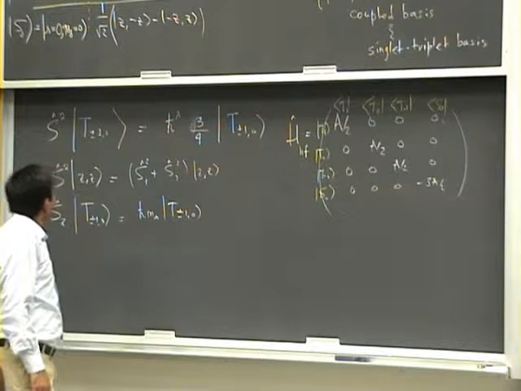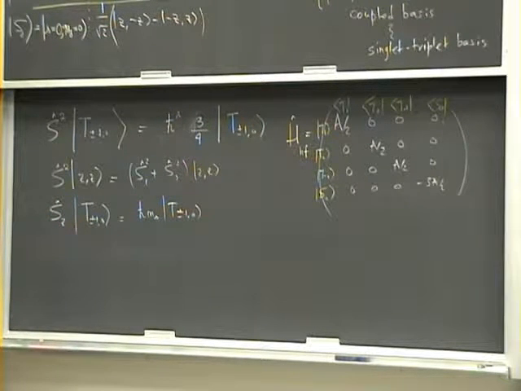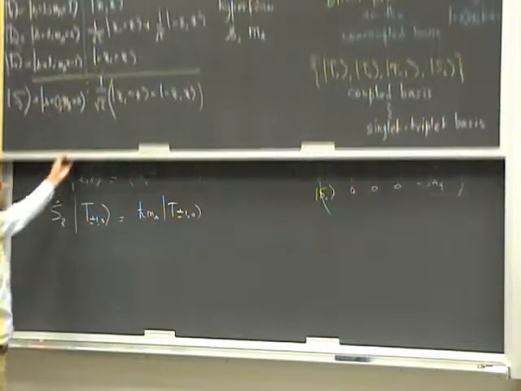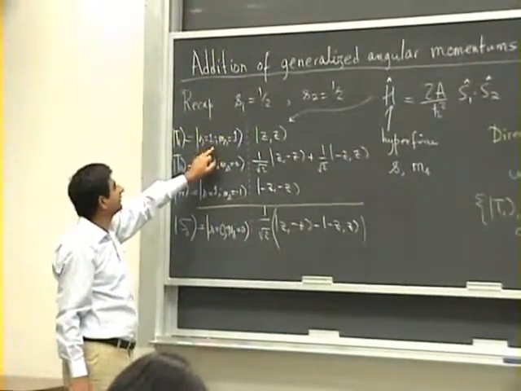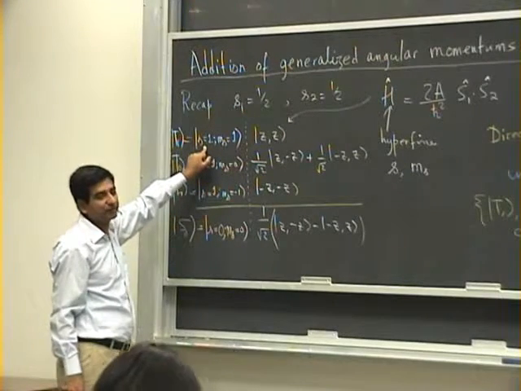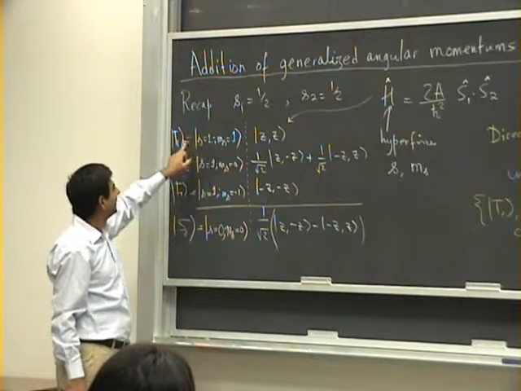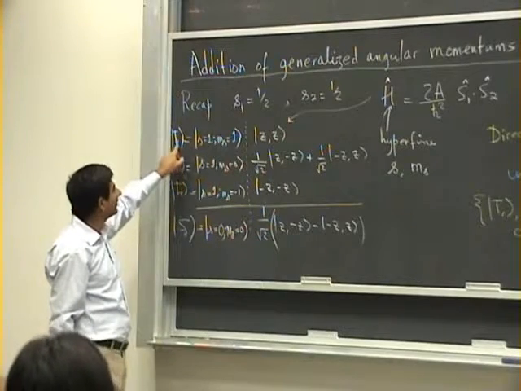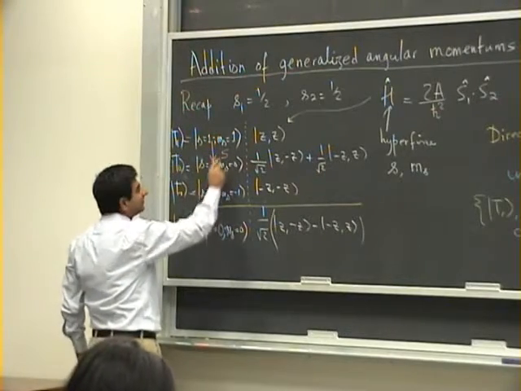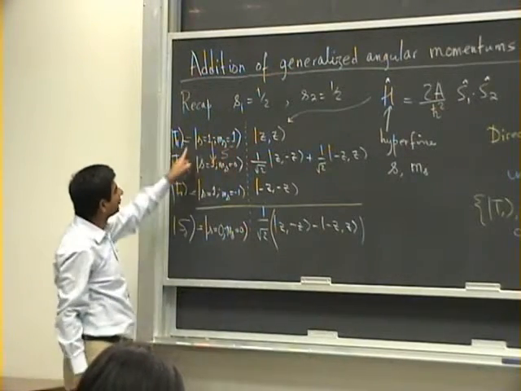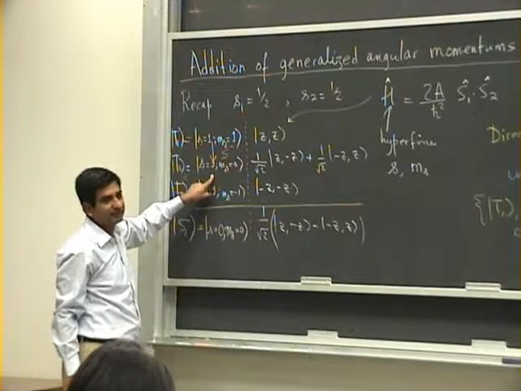Okay. So if we look at this singlet triplet basis here, we can make an interesting observation. That is, if we take this state, this has the maximum value of ms corresponding to this S. Then we can generate this T0 state from the T1 state by having the lowering operator act on it.